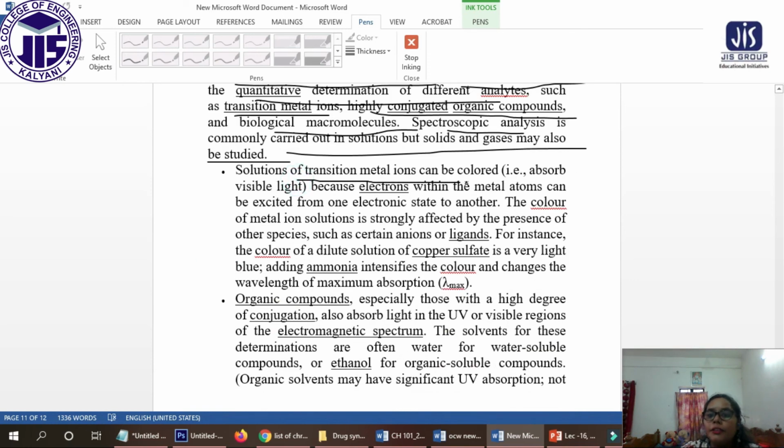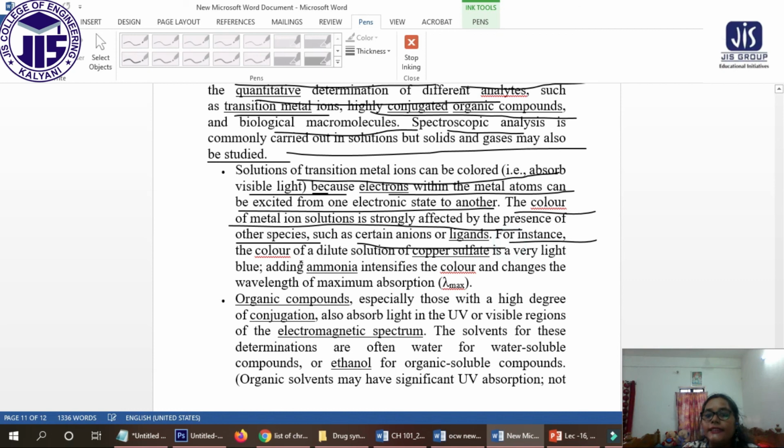Solutions of transition metal ions can be colored, that is, they absorb visible light, because electrons within the metal atoms can be excited from one electronic state to another. The color of the metal ion solution is strongly affected by the presence of other species such as certain anions or ligands.